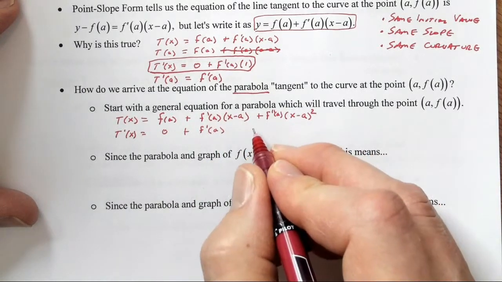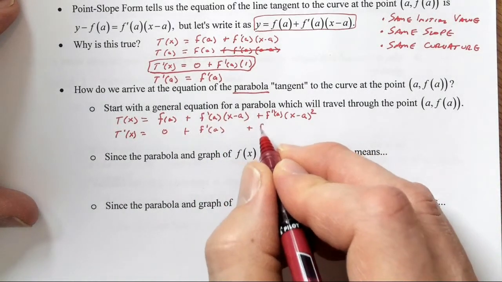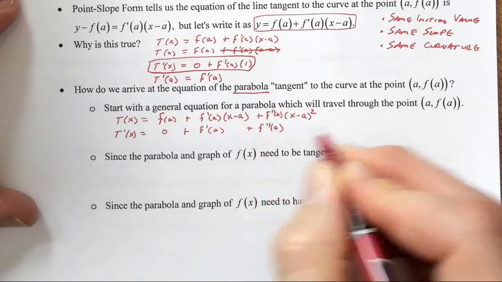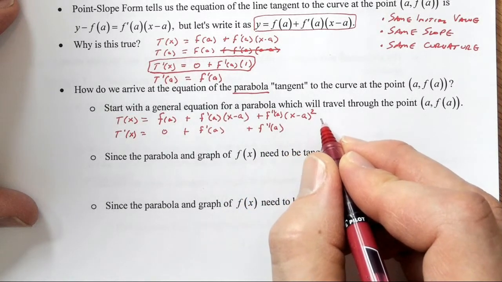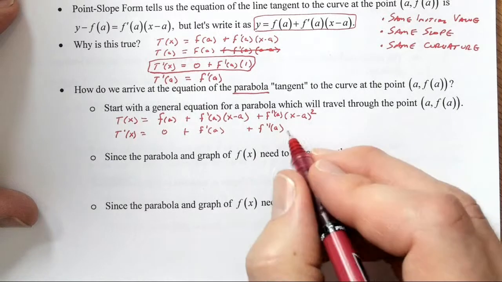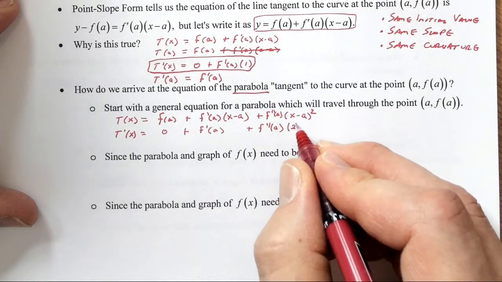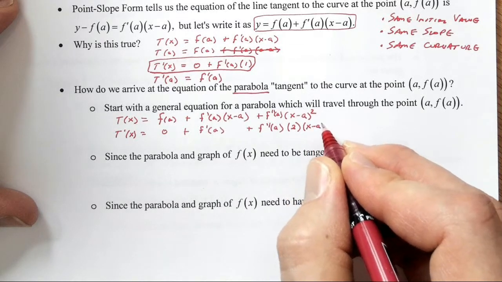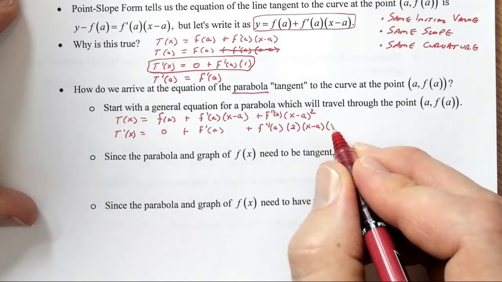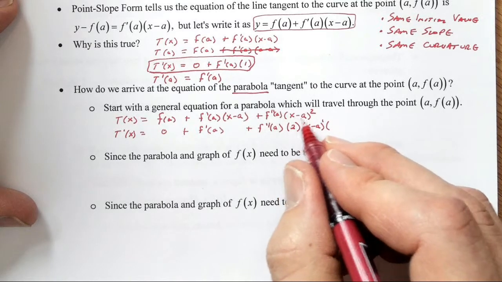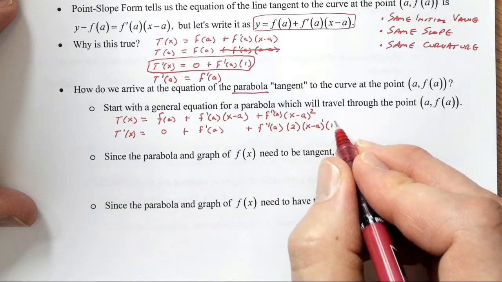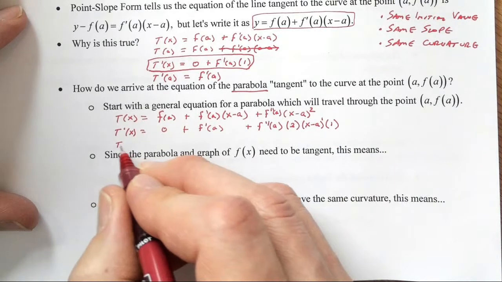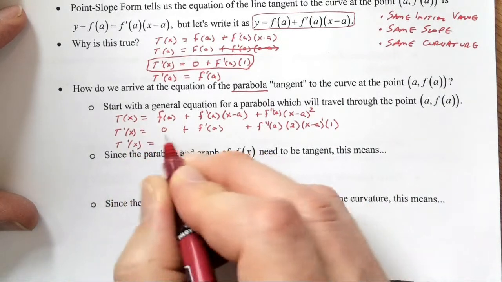And then this will derive to f double prime of a, and then we have to derive x minus a squared, so that's a little chain rule there, which says that we have to multiply the derivative of the outer function, so 2, and then we keep the inner function, x minus a, now to the first power, and we multiply by the derivative of the inner function, which is just 1. So if we simplify this, t prime of x, well, the 0 doesn't need to be there.